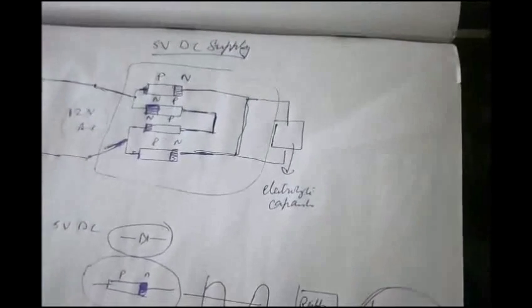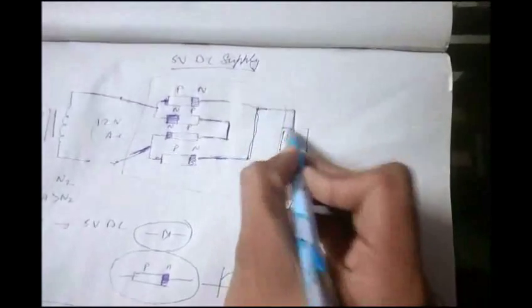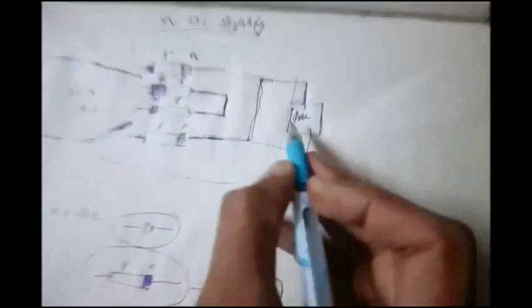You need not worry, guys. At the end of the video, I will give you all the specifications of the components that I am going to use in the video. This is your capacitor. At the output, this is your capacitor. The connections are like this one.